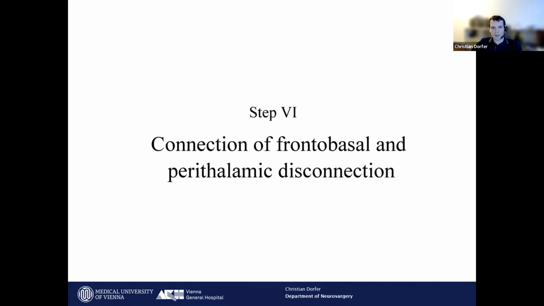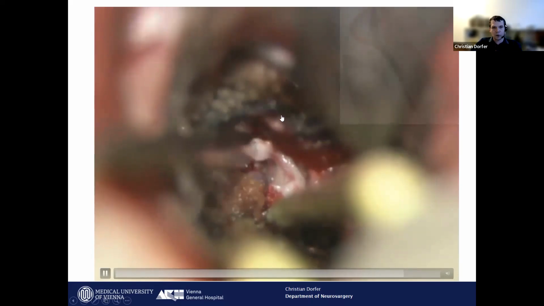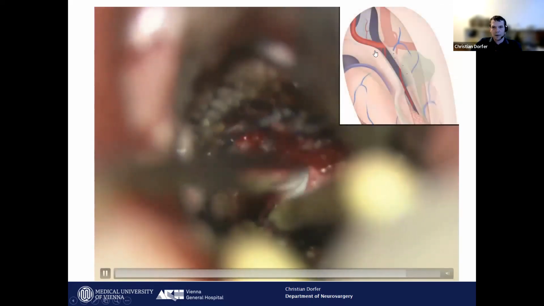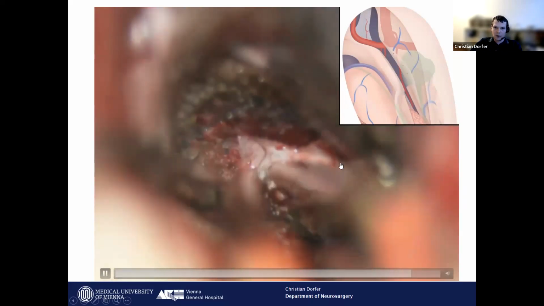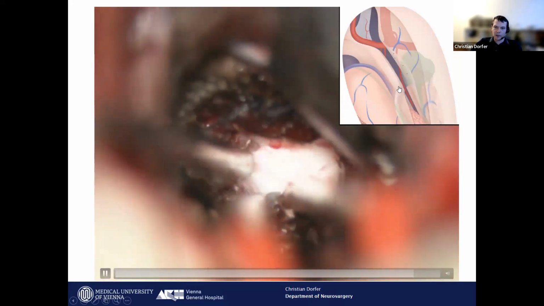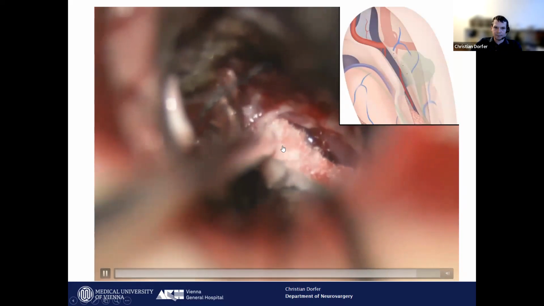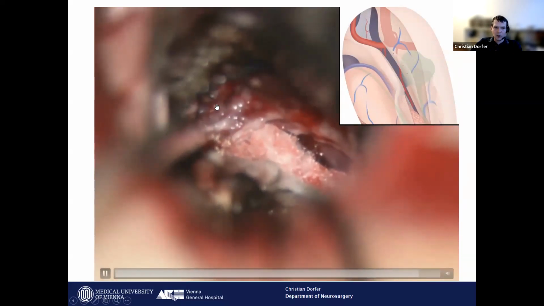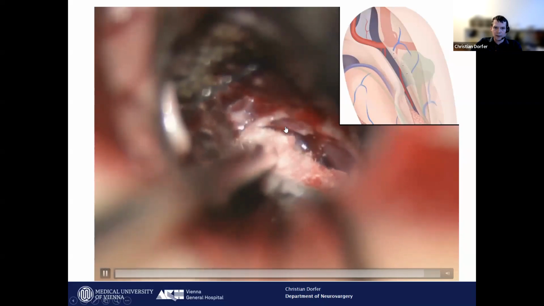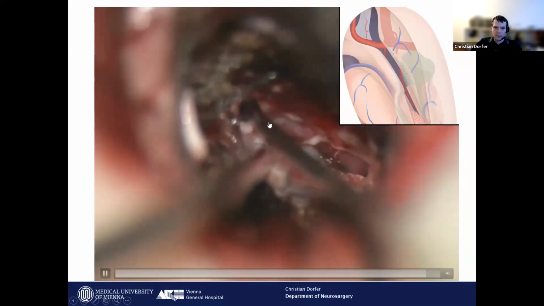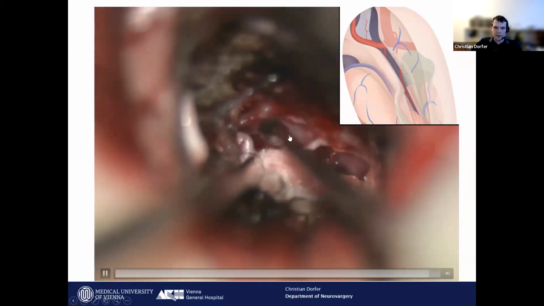And the last step is then the connection of the frontobasal part here and the perithalamic cut, following the long axis of the optic tract. And in the end, you see then through the subpial plane the basal cisterns.